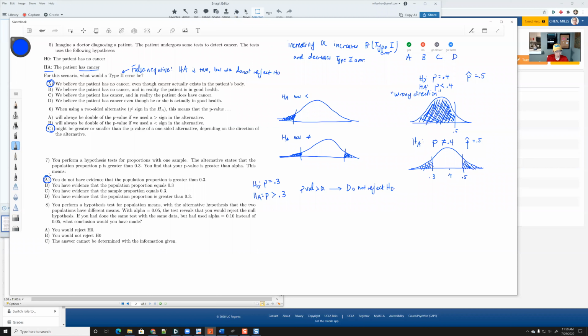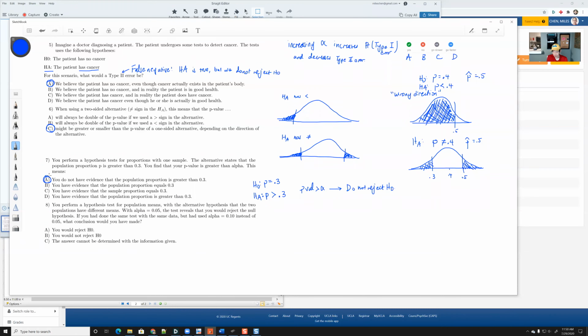We would never make a conclusion about the sample proportion. We probably have evidence that the sample proportion is some particular value, but we can't infer that from the statement here. And saying we have evidence that the population proportion is greater than 0.3 is not true. That would be true if our p-value is less than alpha.